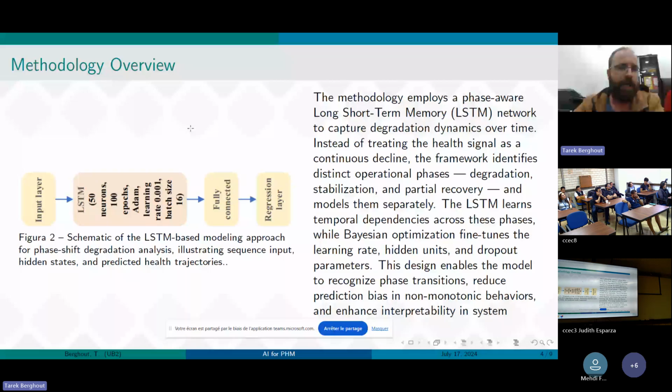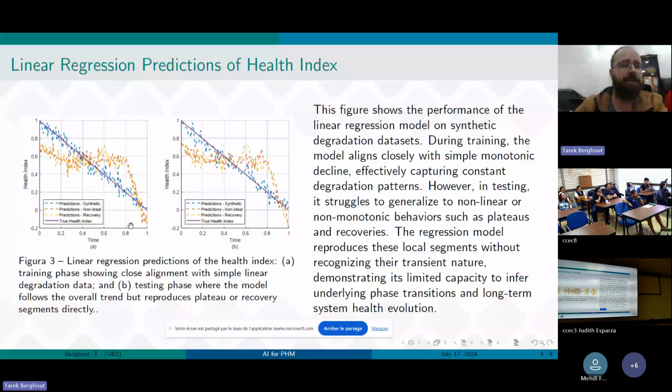So this is the first case with the linear regression model. In the predictions, of course in generalization, we use the 80-20% split of the data set and we train our model. In this figure here, we show results of generalization, meaning testing on unseen data samples.